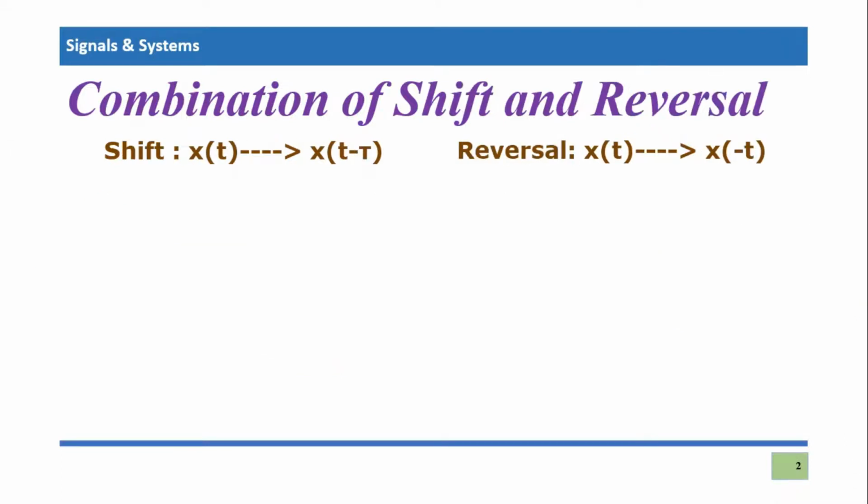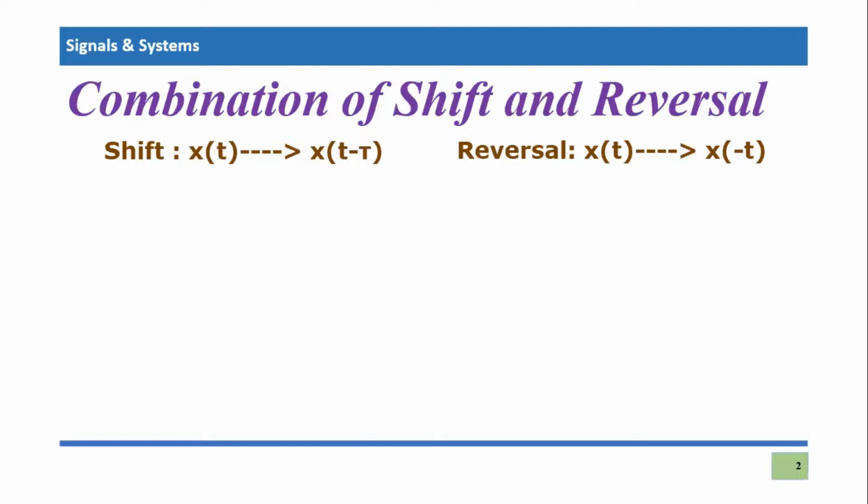Okay, now in this slide, I'm going to check the time operation combinations again. This time I'm comparing time shift and time reversal, right? What if we apply these two operations, time shift and time reversal, on any signal in a sequence?